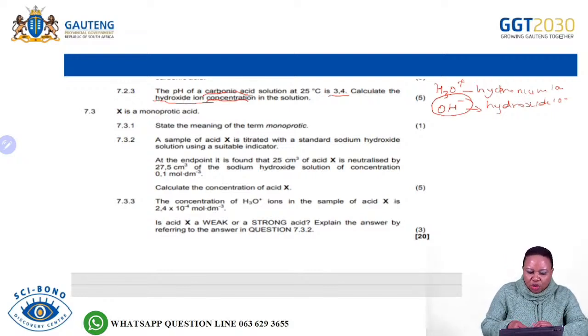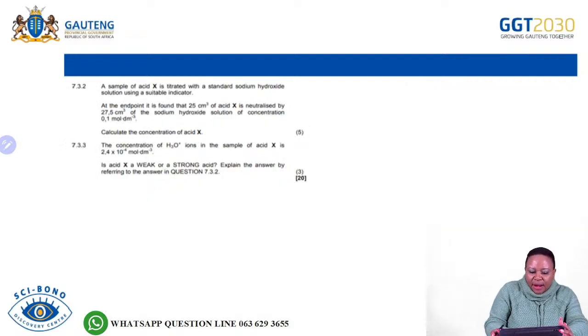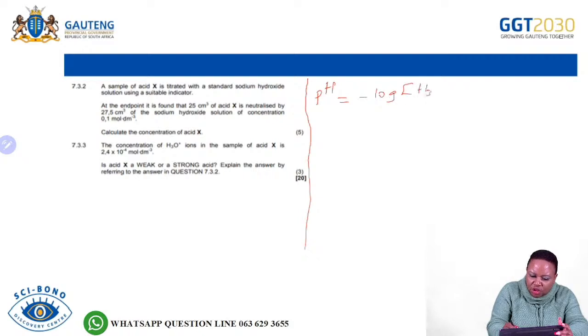When you look at this question, you can see that you are provided with the pH of this acid. Now, what are we going to do? We know that pH is equal to minus log the concentration of H3O+. You are provided the pH of 3.4.